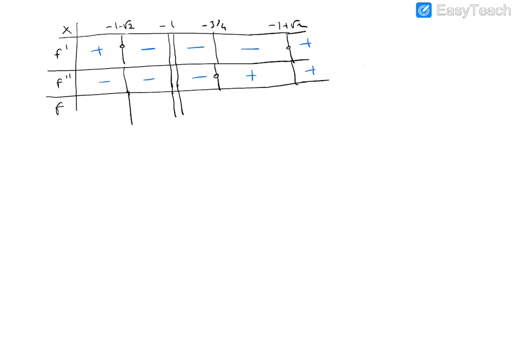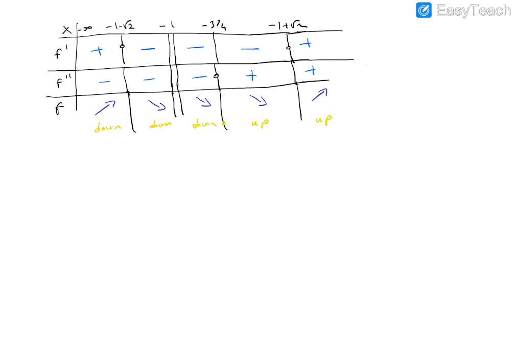So let's conclude these signs. Okay, so f prime is positive in the interval minus infinity to minus 1 minus square root of 2. So this is increasing. Between, the second interval is decreasing, the third interval decreasing, then increasing. For the concavity, concave down because of the negative sign of f double prime, concave down, concave up, concave up.